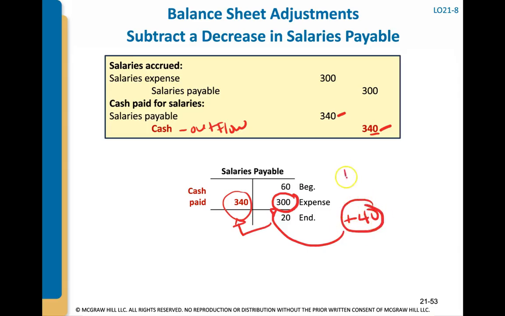So if our starting net income is $120, which includes a salaries expense of 300, then we need to increase that 300 by $40 so that our salaries expense is actually $340 if we're reporting everything on the cash basis.